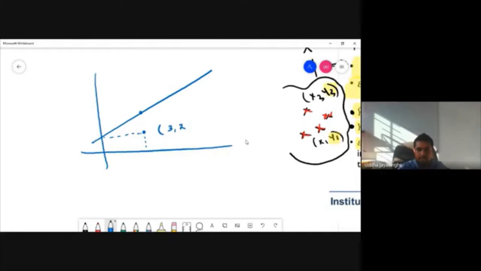This is 3, this is 2. And this particular point, the height is higher. It is going to be 4. Now, what is going to happen? Instead of 2, I will have to go and find the value 4 as the best fitting line.